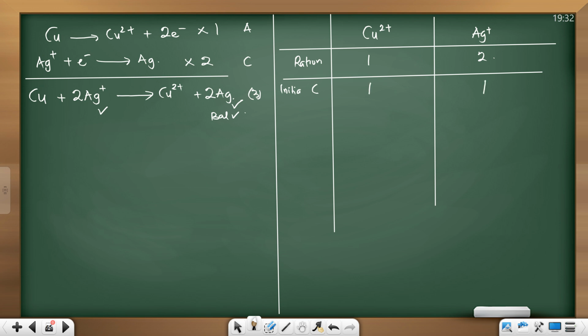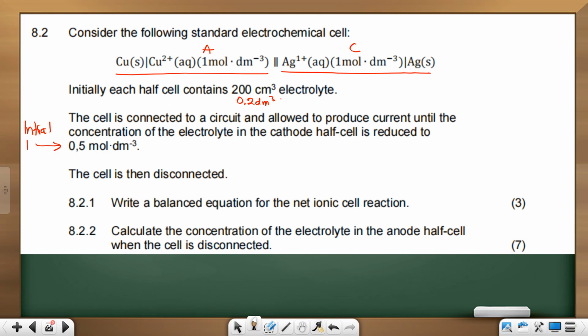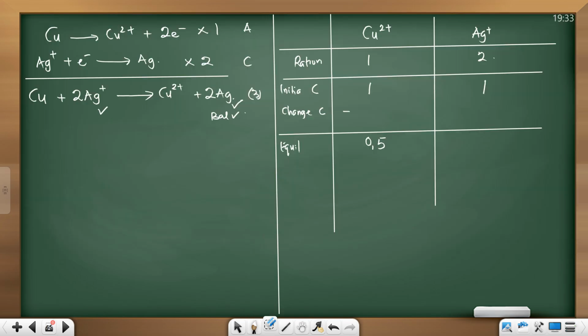They told us the cathode one reduced to 0,5. So change, I'm trying to use the right table. And what do we have at equilibrium? The copper one reduced to 0,5. No, nope. The cathode half cell reduced to 0.5, which is my Ag.